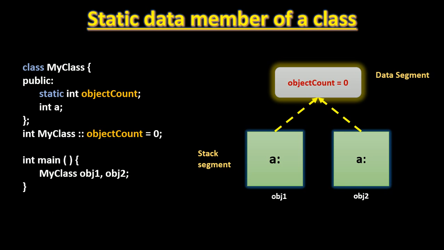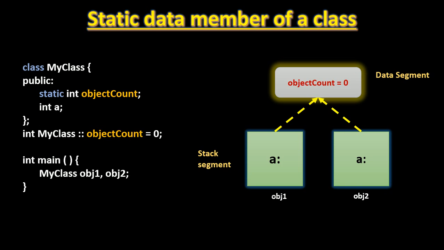So we can literally avoid the usage of a global data member here. In the previous session, we discussed the problem of using global data members, because object-oriented programming languages don't encourage you to use them. So why do we use global data members? To share a resource among all the objects.